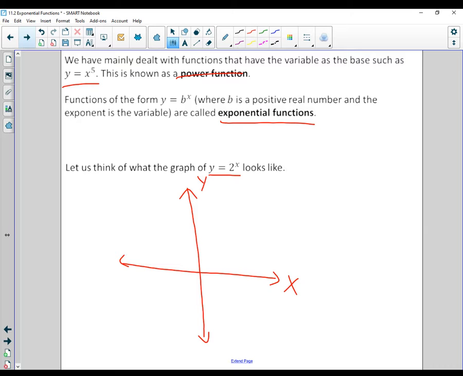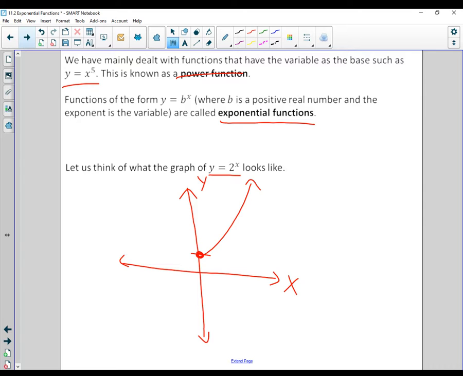What is 2 to the 0 power? 1. Anything to the 0 power is 1. If we start plugging in values of x, it gets big really fast. As x goes to larger and larger numbers, we're raising 2 to a larger and larger power, and it skyrockets.